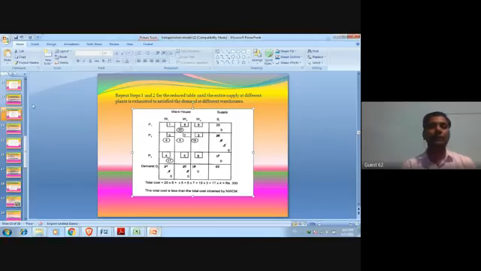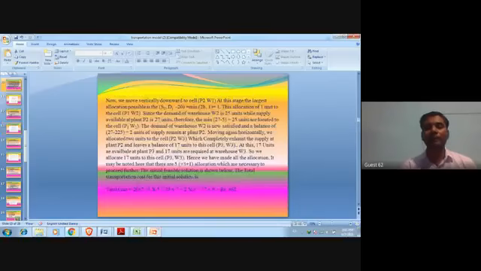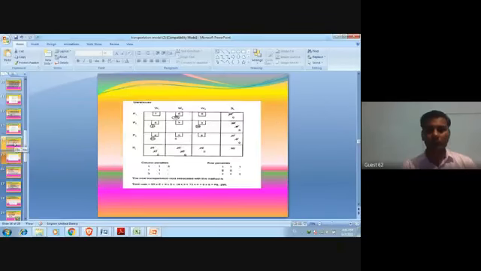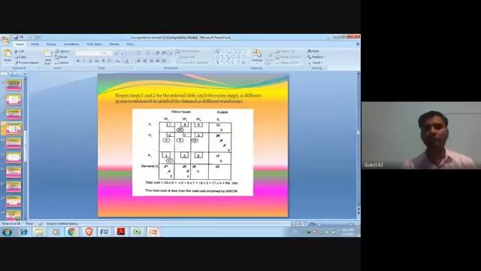Now check it. When we solved a similar example by the NWC method, the total transportation cost was 462. Now, after solving the same problem by the least cost method, the transportation cost is 300.